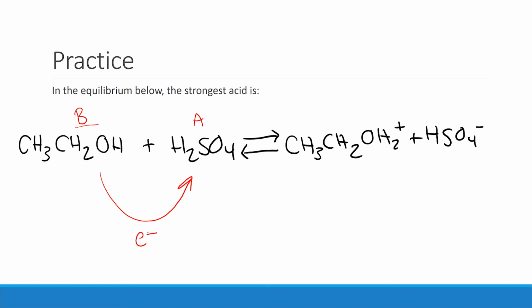So here you can see what is the item that actually bonded to the proton. It's the oxygen. That means that in this case, our electrons are moving from this oxygen to this hydrogen in an electron movement to form this new bond between the hydrogen and the oxygen. And we also know that the hydrogen dissociated, it broke a bond.